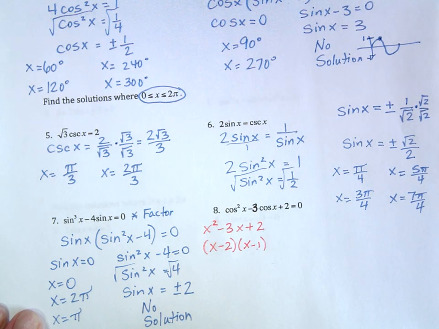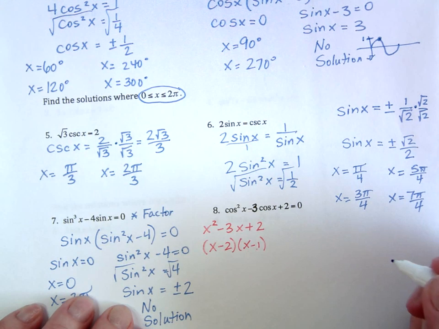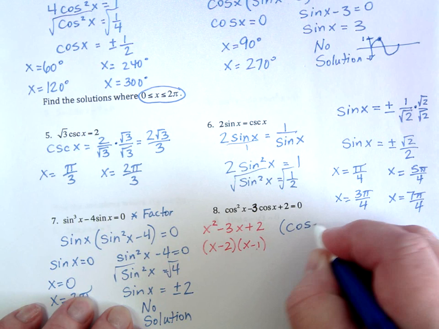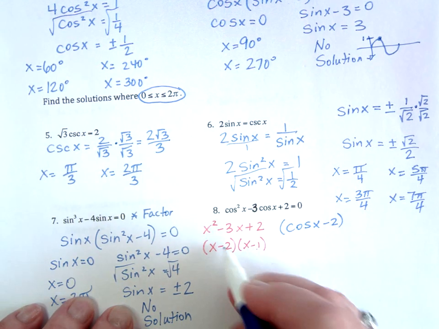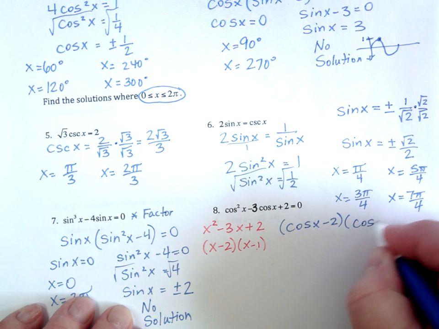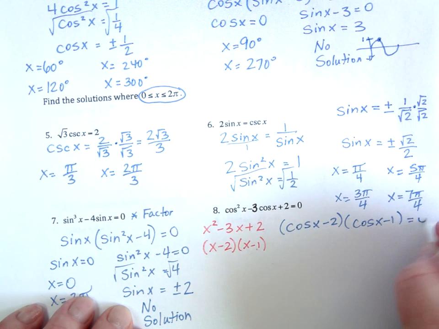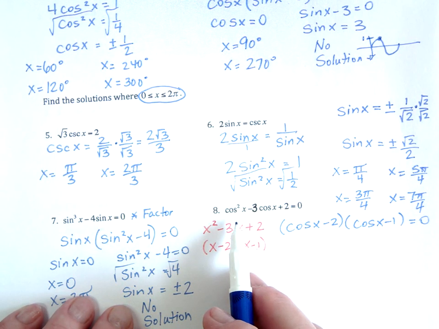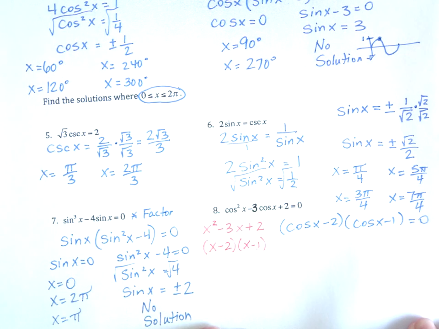There you go. And so instead of calling them x's, remember we're really doing a trig function, it's really a cosine. So this equates in this problem to cosine of x minus 2, that's this guy, and cosine of x minus 1 equals 0.